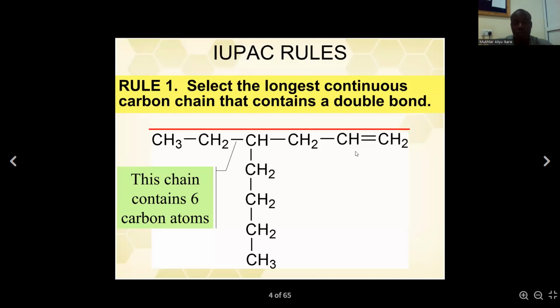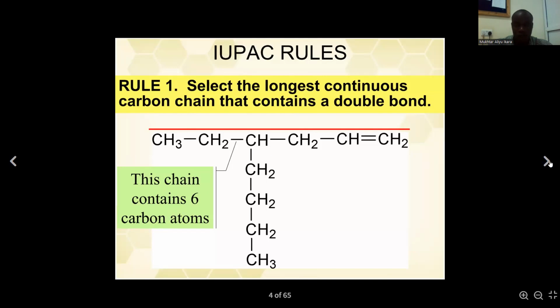If you count from here, 1, 2, 3, 4, 5, 6, we have 6, so this chain contains 6 carbon atoms. But if you count from here, 1, 2, 3, 4, 5, 6, 7, 8, we have 8. So the longest continuous carbon chain is 8.